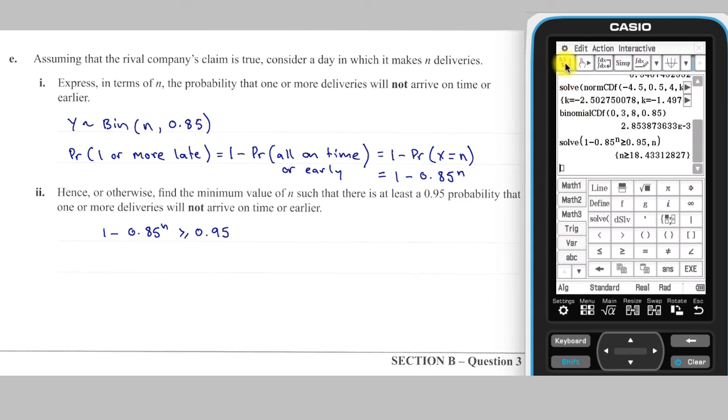Based on this solution and the fact that n is an integer, our answer is n equals 19.